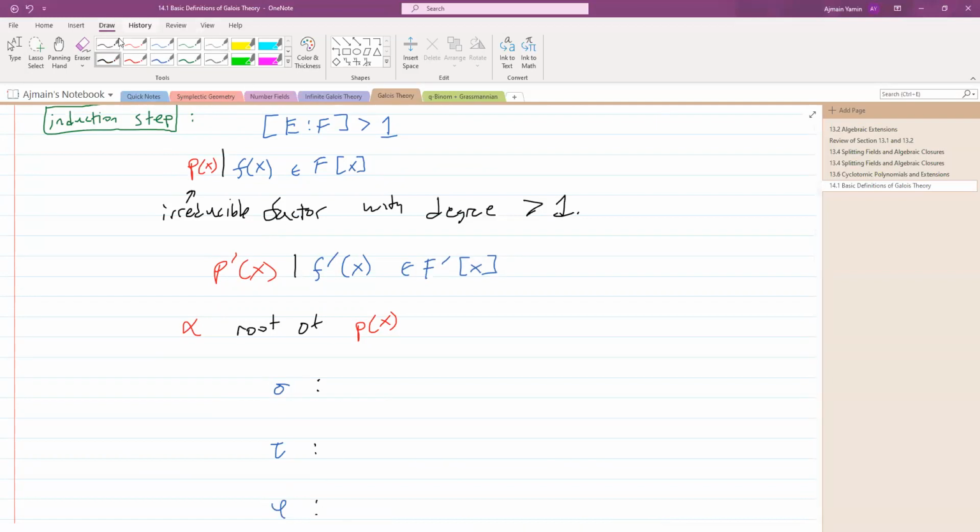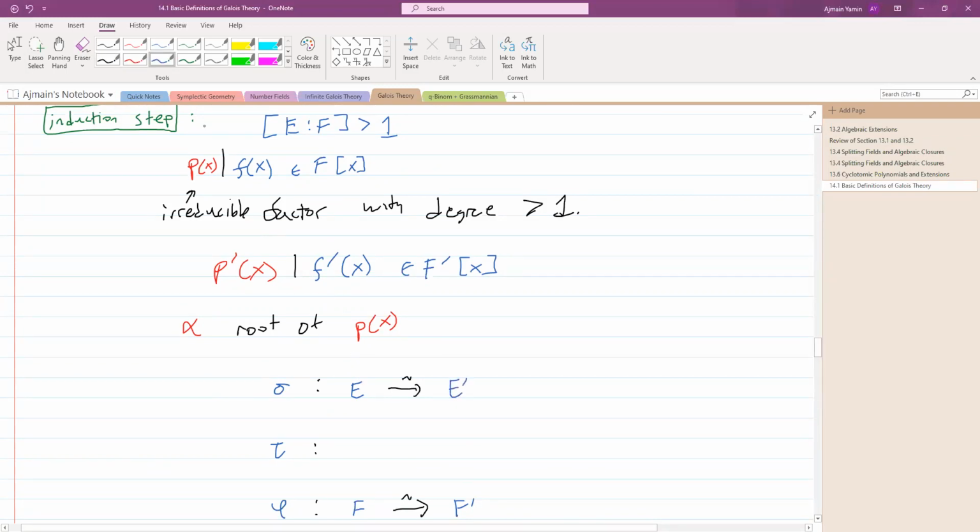And phi is an isomorphism from F to F prime. And sigma is an isomorphism from E, the splitting field of the polynomial f, to E prime.